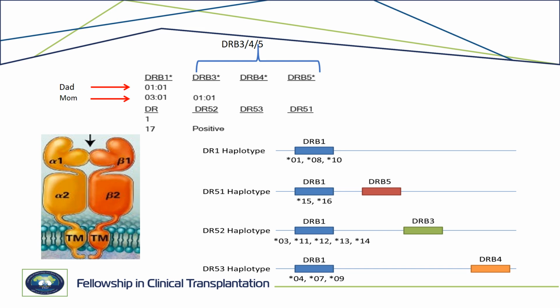So when you see something like this in the report, you know that by association they are not present. It's not that we didn't do the typing. The other haplotype that was inherited from the mom, which is the DR beta 1*0301, is the DR52 haplotype, because DR beta 1*03 is associated with the DR beta 3. And then the DR beta 4 or 5 are not associated with this specific DR beta 1.